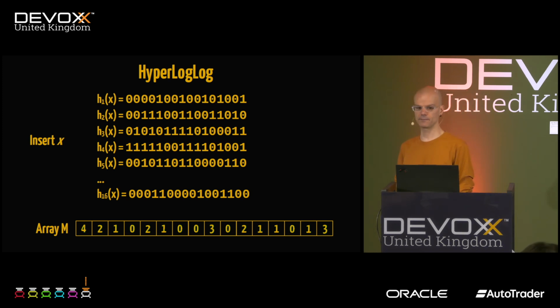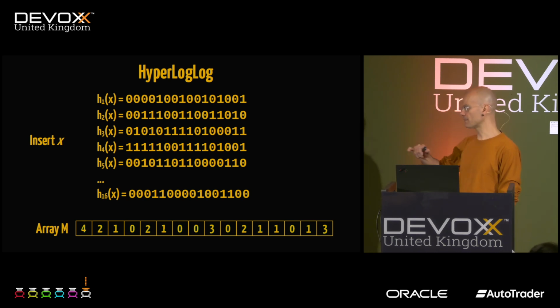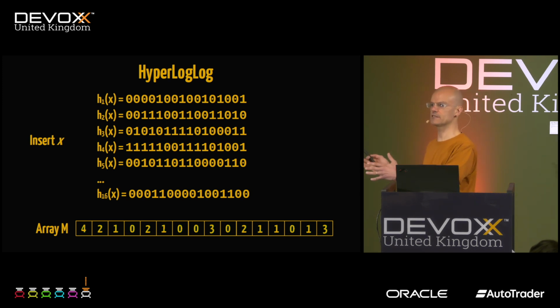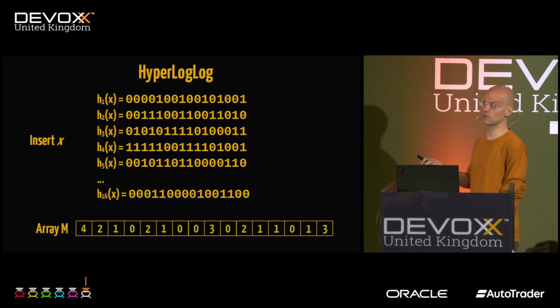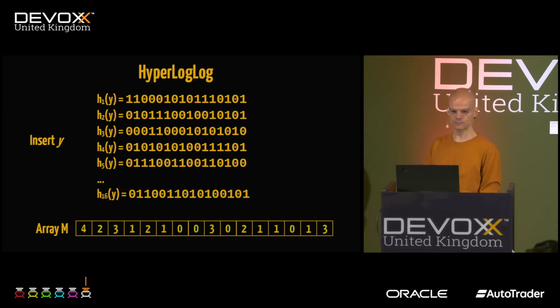The second hash function mapped to a number that has 2 leading zeros, so I put 2 in the second element of the array. I do it for all the 16 values, and I get this array M. Later on I will explain how I get an average to understand the average number of leading zeros across all these hash functions, which is the one we're going to use for getting the count.